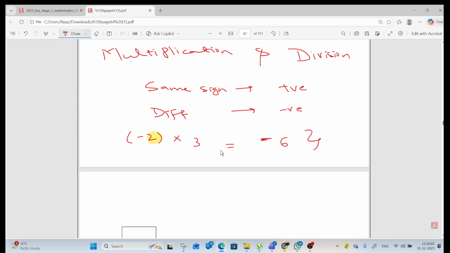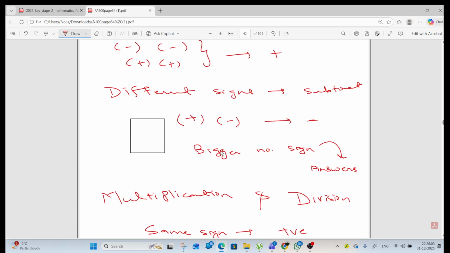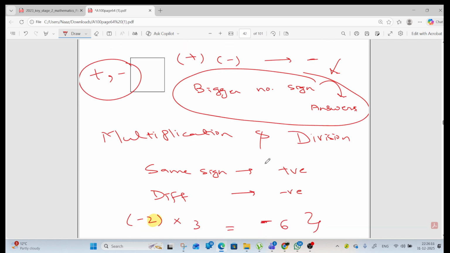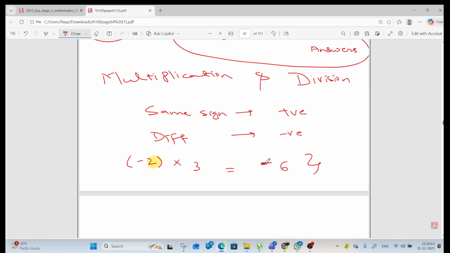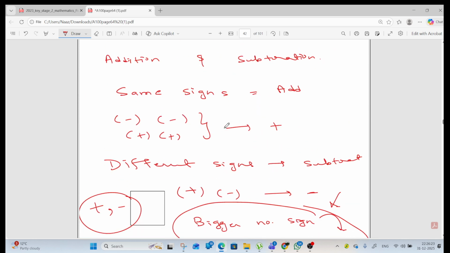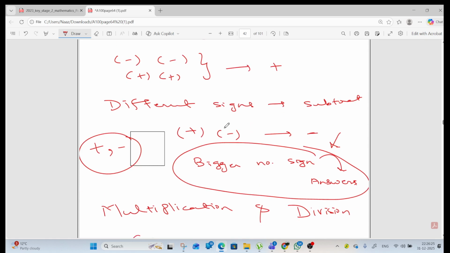This rule, that bigger number's sign we put with our answer, is only for addition and subtraction, not for multiplication and division. In multiplication and division you only need to check if signs are same or different. So this is easier. Usually students find it easy.